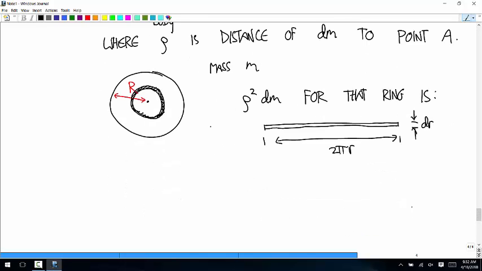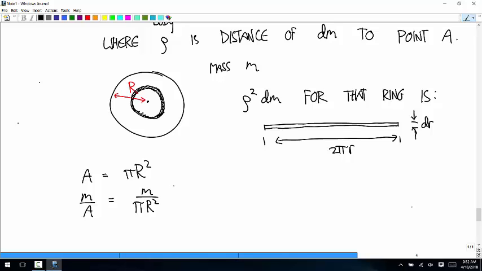The total area is pi big R squared. And so the mass per area is m over pi R squared.